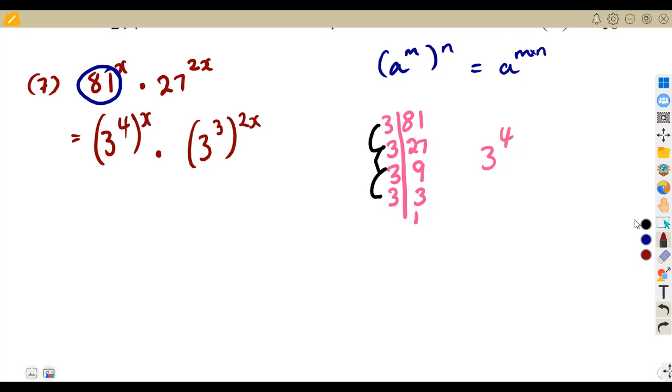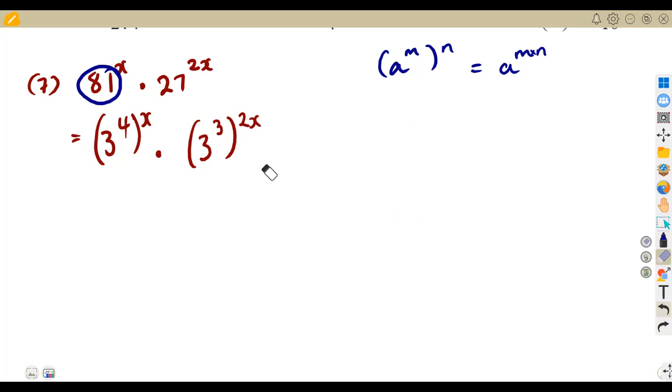If you consider 27, there's no need for you to start, because 27, you can see it here. 27 is 3 to the exponent of what? 1, 2, 3. 3 to the exponent of 3. But if you know it by head, then just write your answers.